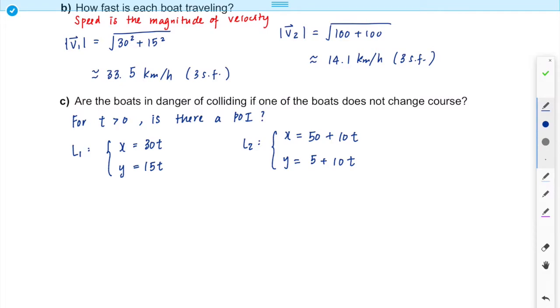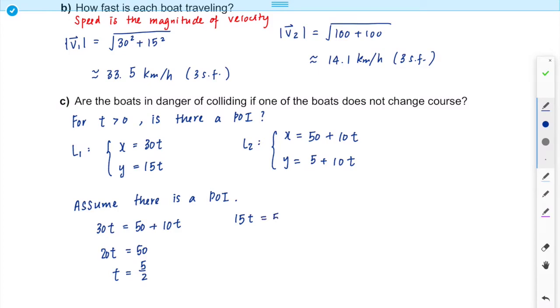Let's assume there is a point of intersection. We can set 30t equal to 50 plus 10t. What do we have? 20t is 50, so t is 5 over 2. Setting y the same, 15t is 5 plus 10t, so 5t is 5, t equals 1.